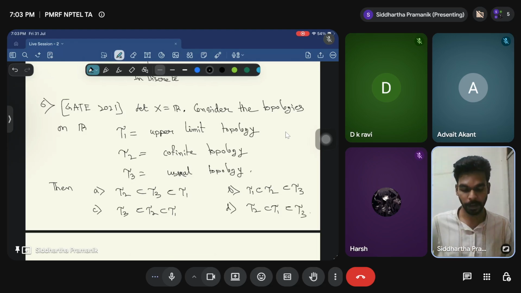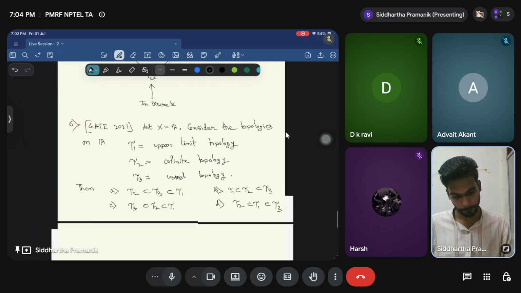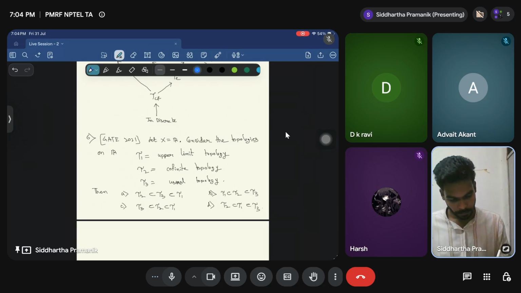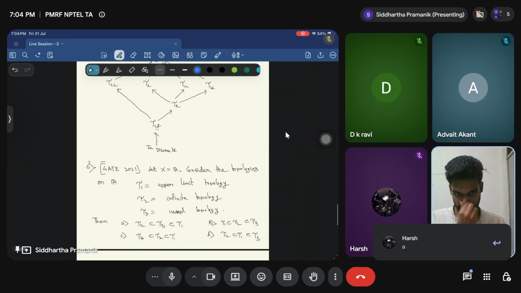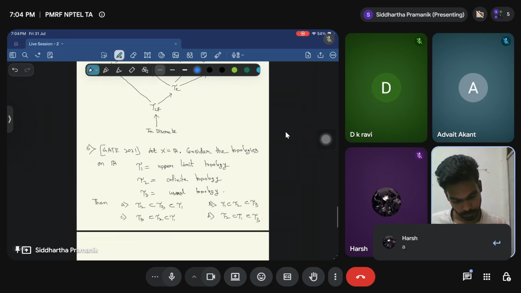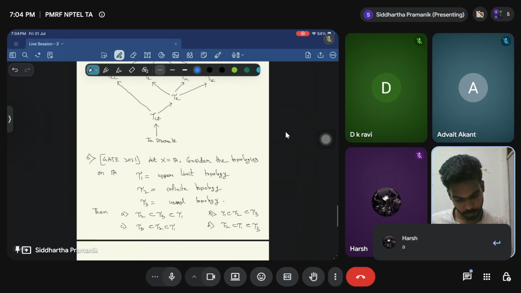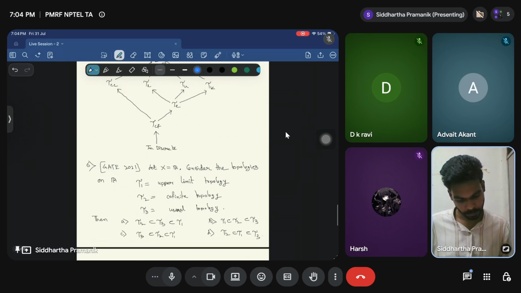Now can you answer this? Just look at the diagram. Okay. So tau 2 subset of tau 3. So cofinite topology is contained in usual topology, and usual topology is contained in upper limit topology.